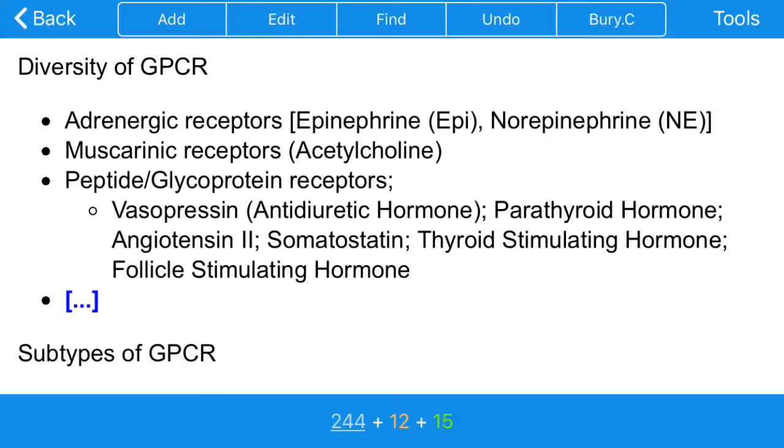Peptide, glycoprotein receptor, vasopressin, adrenergic, 5 minutes. No, not that. God. 5 o'clock. No, that's not what I meant.